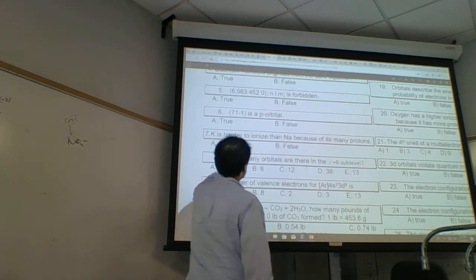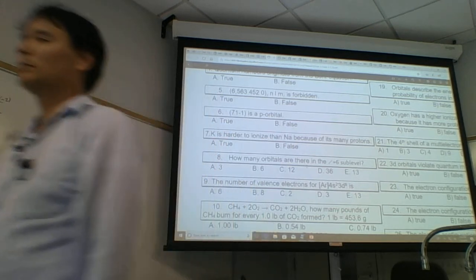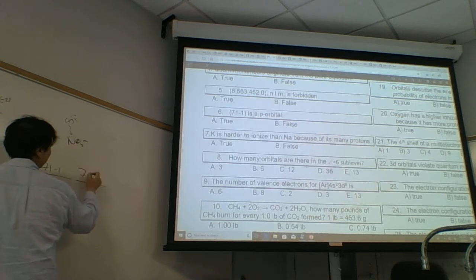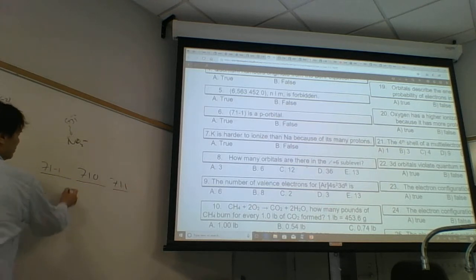And so this is L equals 1. That's true. We have three p orbitals: 7, 1, -1, 7, 1, 0, and 7, 1, 1. Those are our three 7p orbitals.